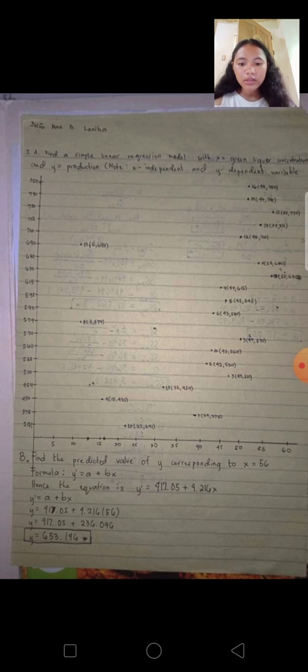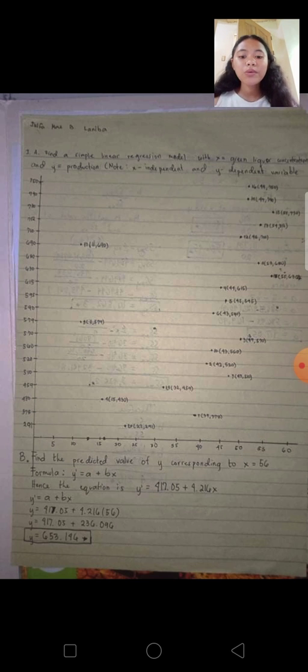And ang total na to, diri ang value ni Y is 653.146. So mao na ang value ni Y corresponding sa X nga 56.